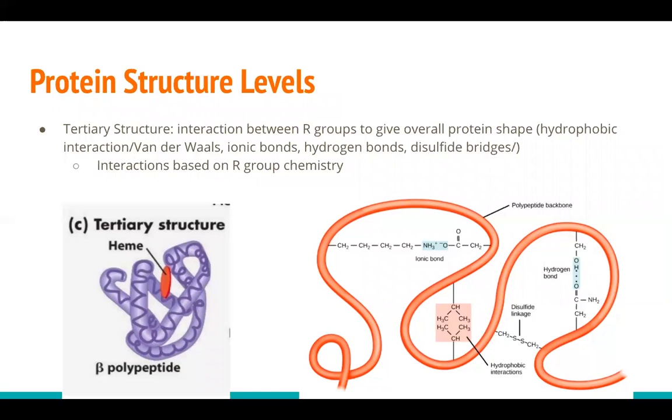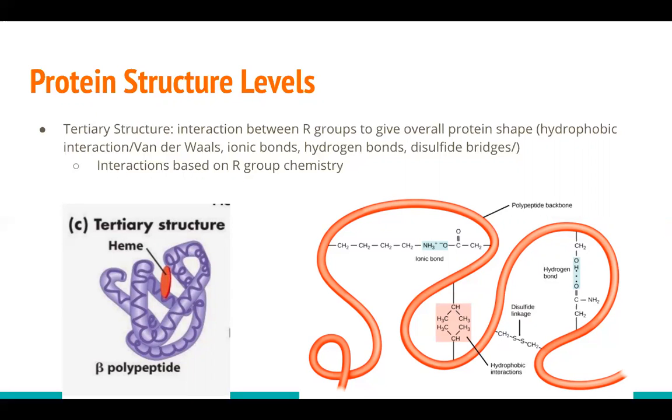The most special type of bond is a covalent bond, the disulfide bond that you mentioned earlier when you were explaining. An example would be cysteine. I think we will talk about that in later classes. Cysteine is a type of disulfide bond. It has two sulfur bonds, and they're much stronger than any other type of bonds, so they really contribute to tertiary structure.